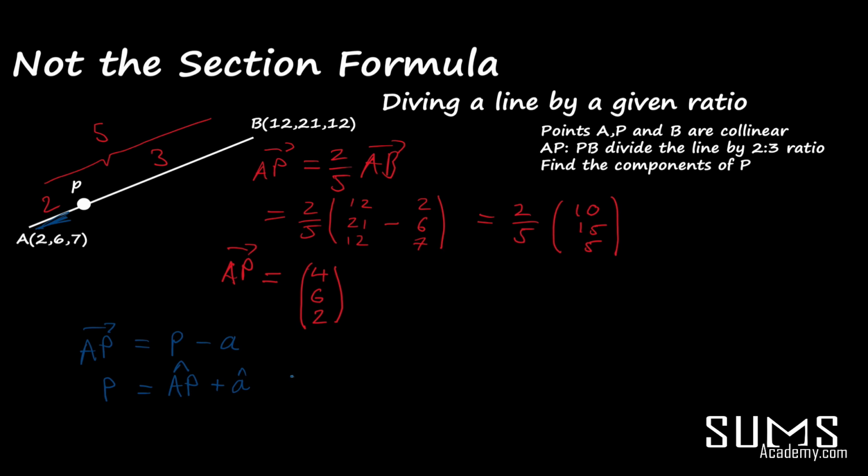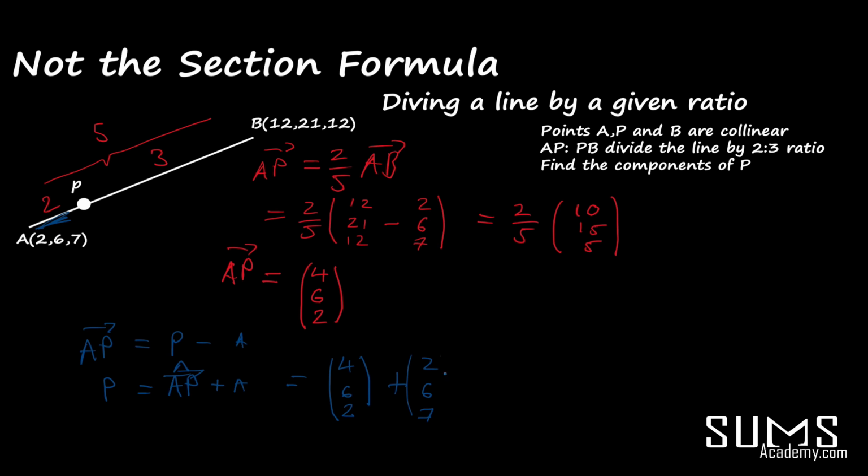So this is going to equal AP, which is worked out as (4, 6, 2), plus A, which is (2, 6, 7).